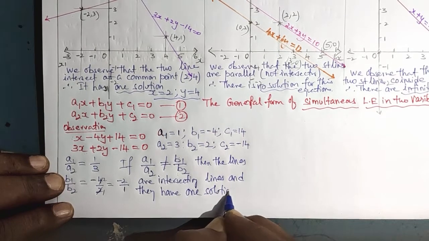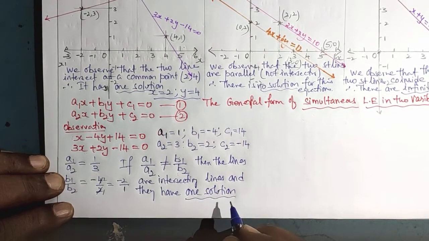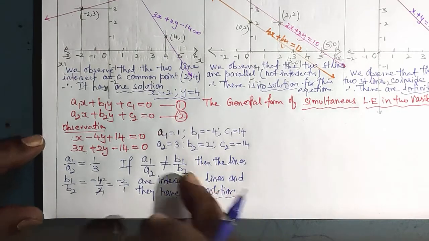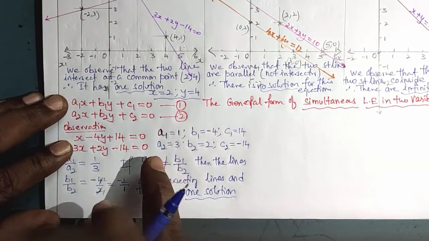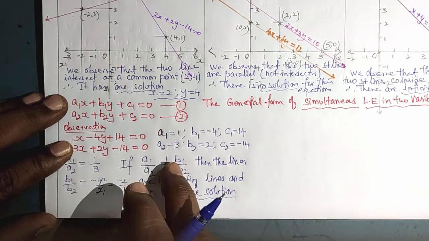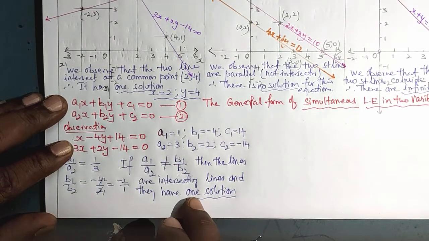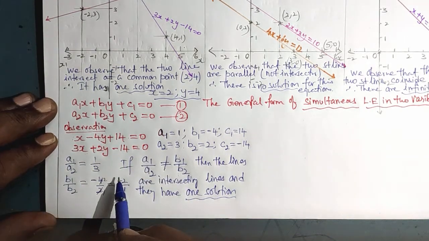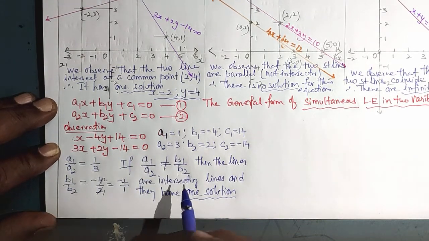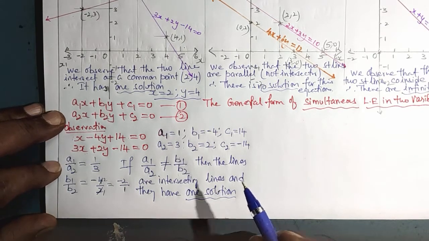I can tell only whether they have a solution or not, but I cannot tell the solution by this method. Only after drawing the graph, or by solving by the substitution method or elimination method, can we find the solution. But before drawing the graph also, we can identify how many solutions it is having.